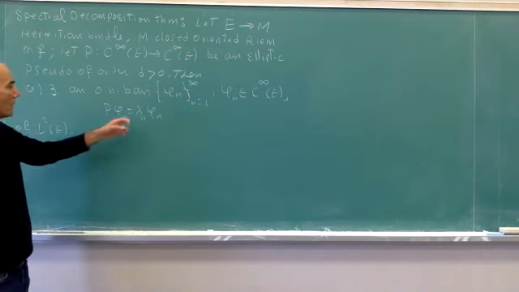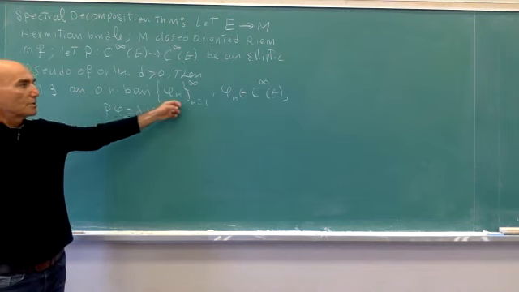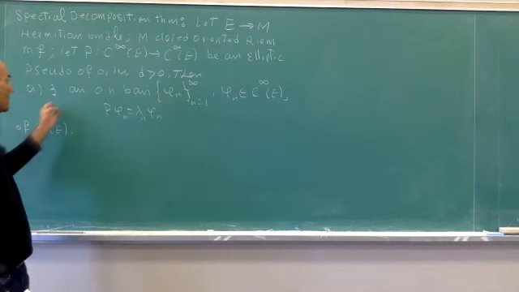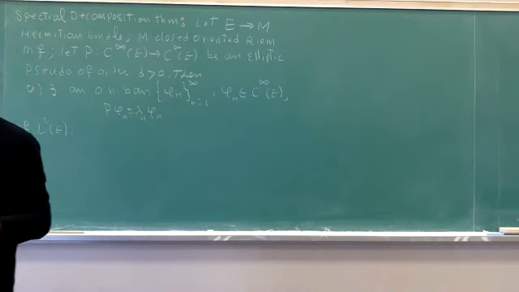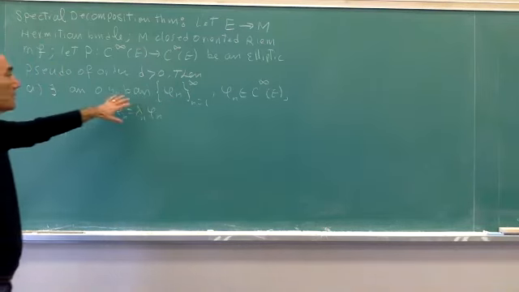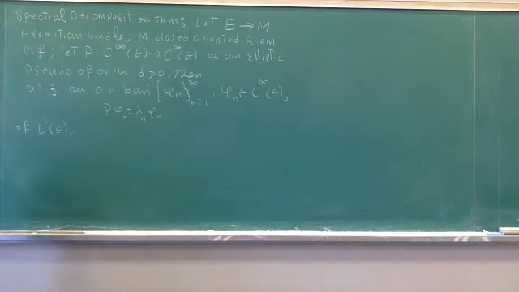These are the eigenvalues, these are eigenfunctions, they are smooth, and this is a Hilbert basis for this Hilbert space L2 of E. That's the first part we want to prove.